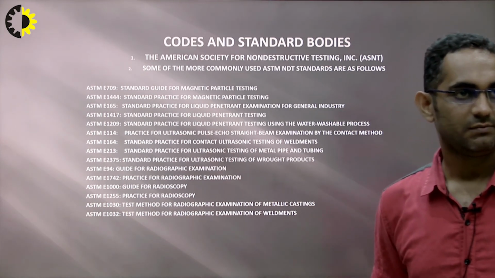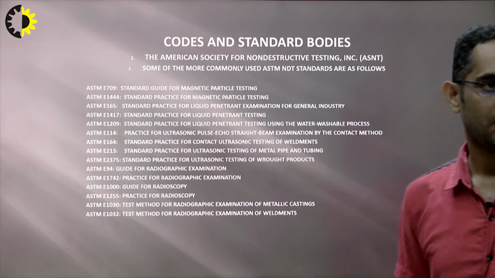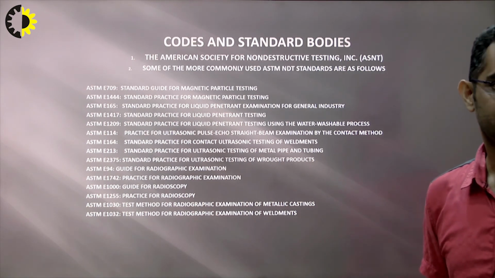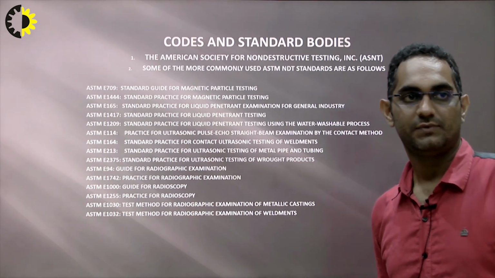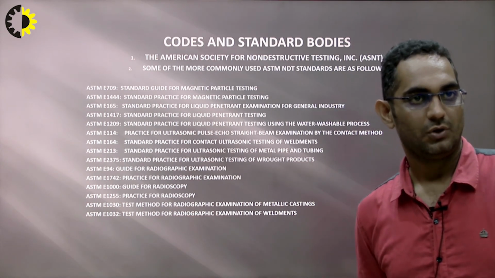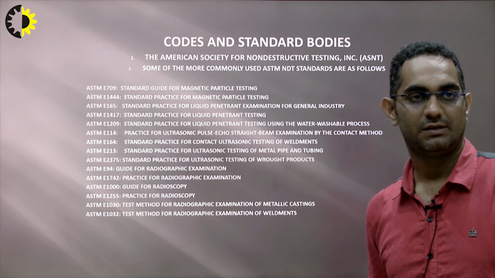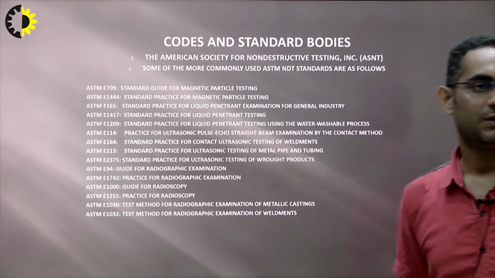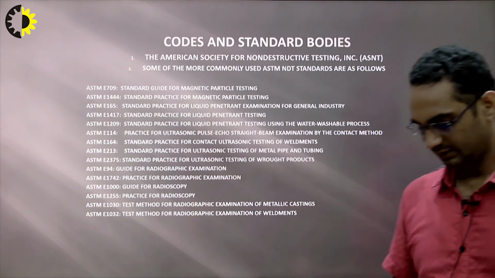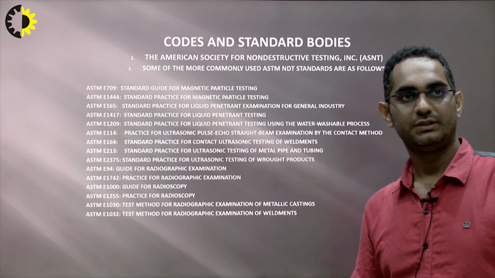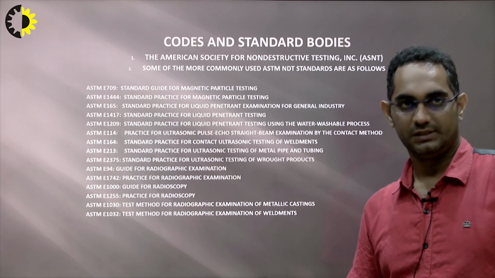ASTM E1444, standard practice for magnetic particle testing. ASTM E165, standard practice for liquid penetrant examination for general industry. ASTM E1417, standard practice for liquid penetrant testing. So these are some standard codes and standard bodies.